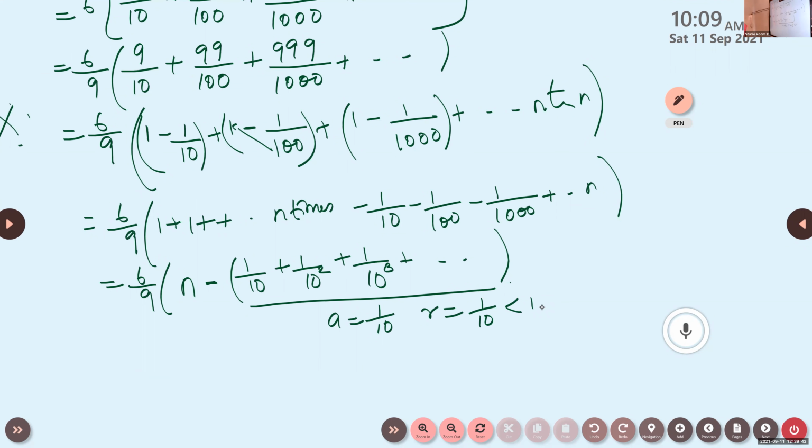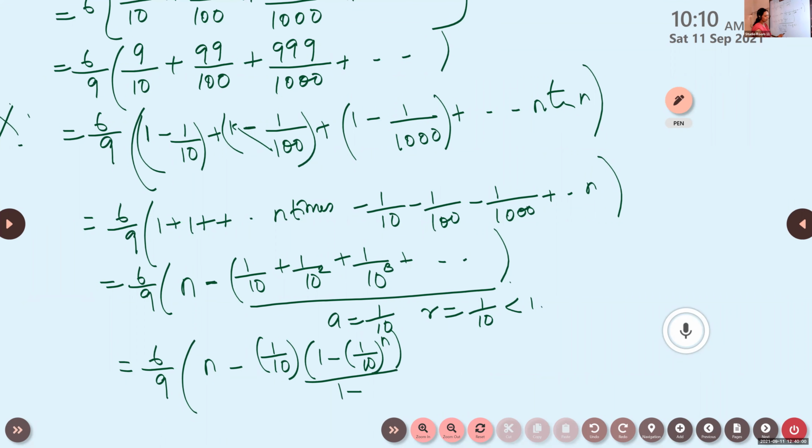So we get 6 by 9 into n minus a into 1 minus r raised to n by 1 minus r. If the common ratio is less than 1, the sum is given by 1 minus r raised to n by 1 minus r. Here a is 1 by 10 and the common ratio is also 1 by 10, which is less than 1.